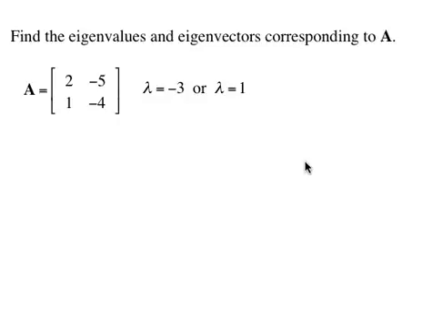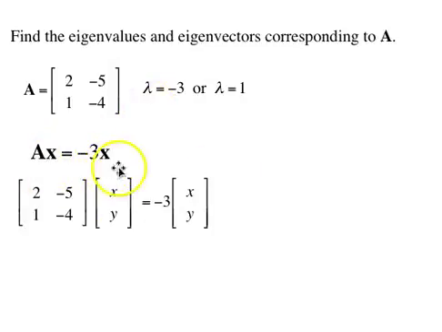So an eigenvector x is a non-zero vector such that Ax is lambda x. Our lambda here is -3. So my first eigenvector I'm going to find is Ax equals -3x. So here is A, x is the vector (x, y). So A times the vector (x, y) is -3 times (x, y).